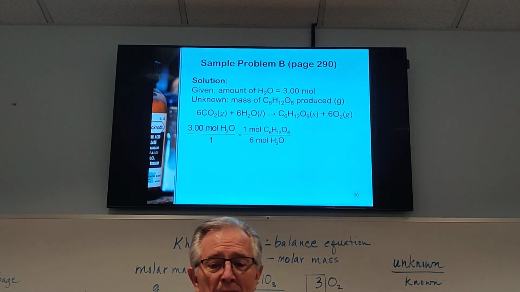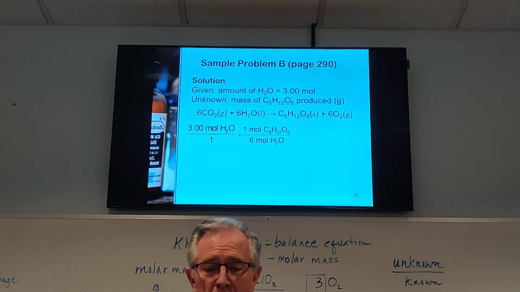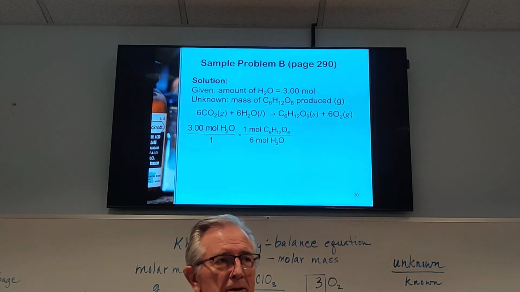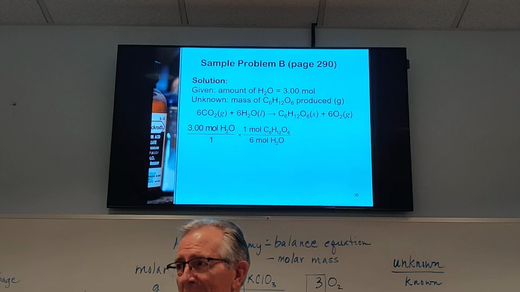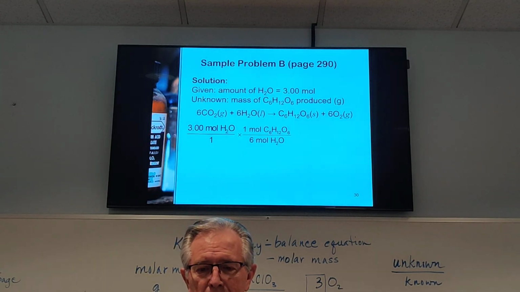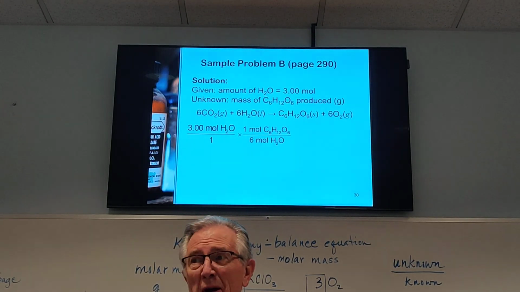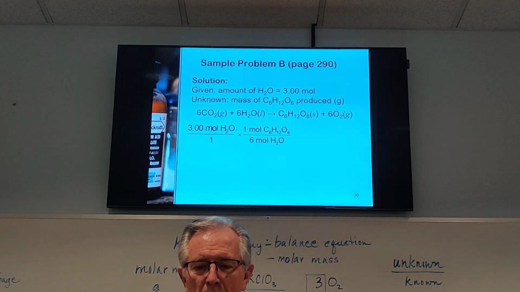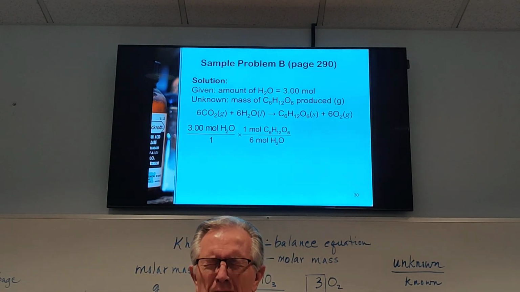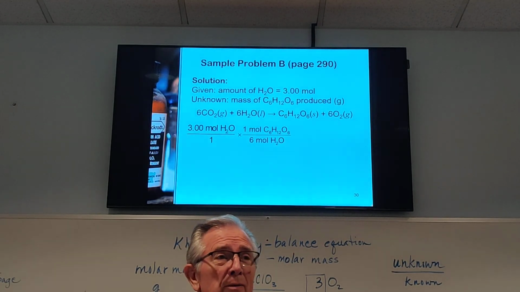Glucose. So I have to figure out the molar mass of glucose: 6 carbons plus 12 hydrogens plus 6 oxygens. Each carbon is around 12, I think 12.01, so 12 times 6 is 72.